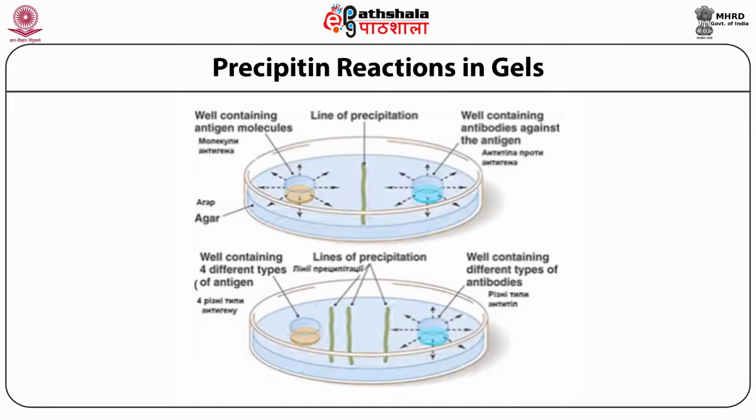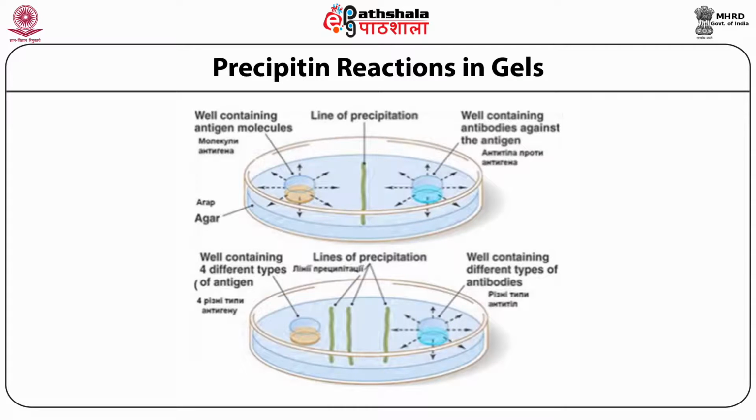Ouchterlony in 1946 demonstrated that precipitin reactions can be carried out in agar gels. What is done is that the agar is plated on a petri dish.